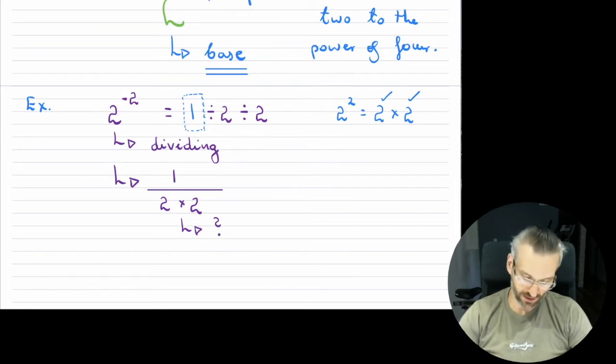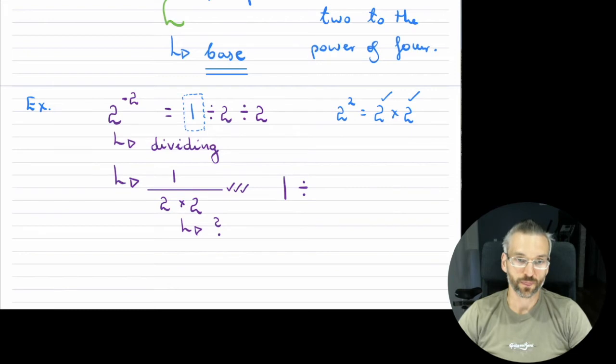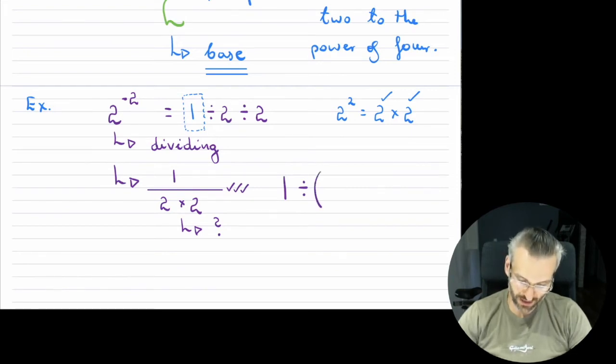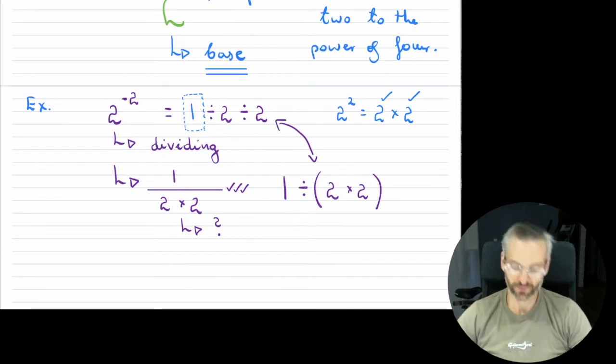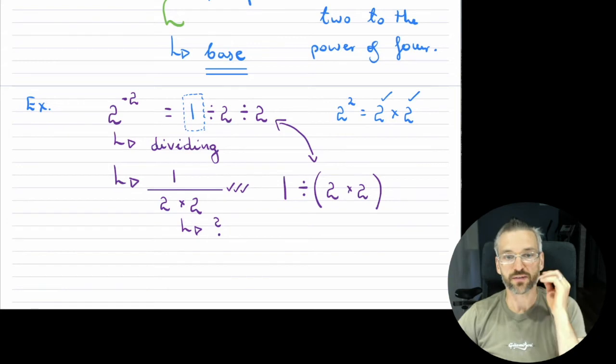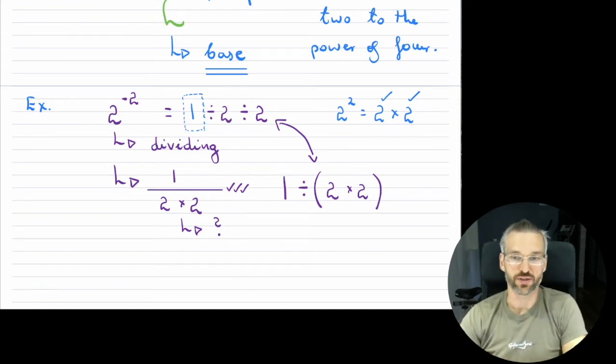Don't forget that you are actually dividing. So this means exactly 1 divided by 2, 2 times. So both of these are equivalent. They're exactly the same. So negative exponents actually mean division. That's what it actually means.